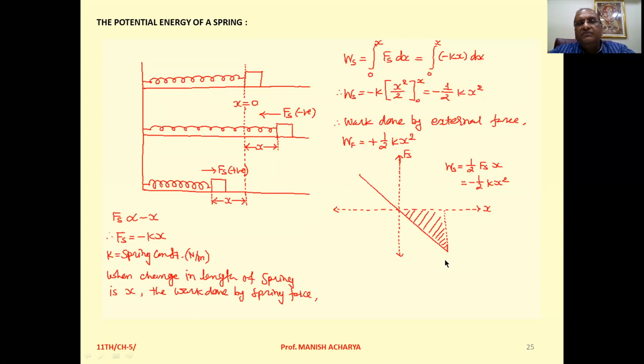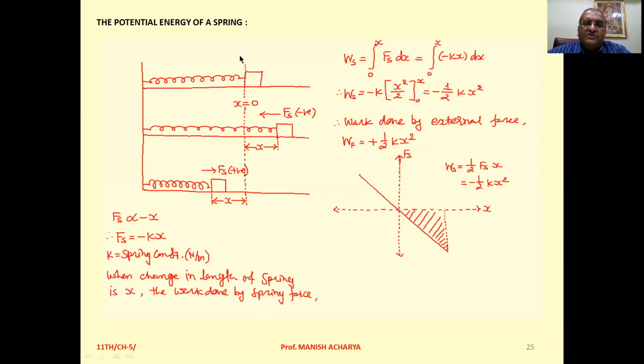That is called potential energy. So now, capacity to do work by virtue of its configuration, that is the potential energy that we have to discuss. Okay, and by taking the example of a spring, we can easily understand.